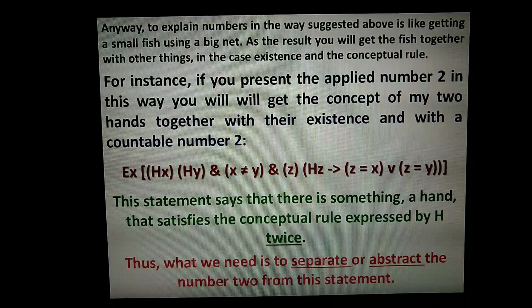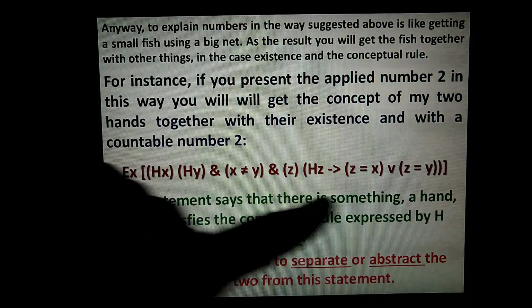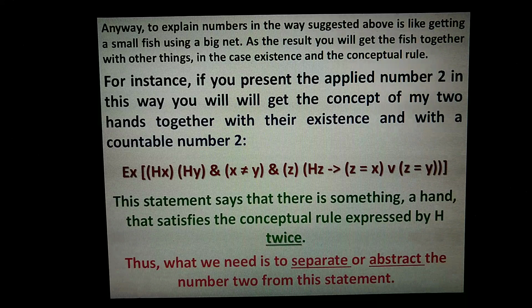Three things: the concept of my two hands, the affirmation of its existence, and the fact that its existence allows me to count 2. Then this is again the same formula. This statement says that there is something, a hand, that satisfies the conceptual rule expressed by hand twice. Thus, what we need is to separate or abstract the number 2 from this statement.